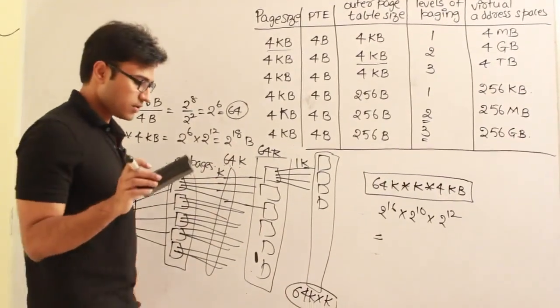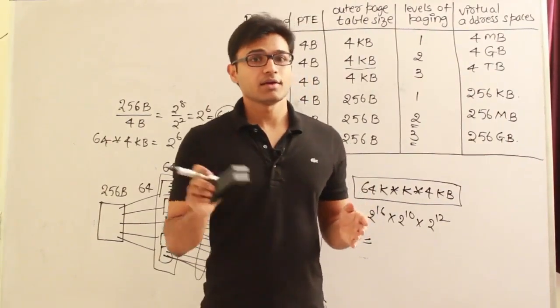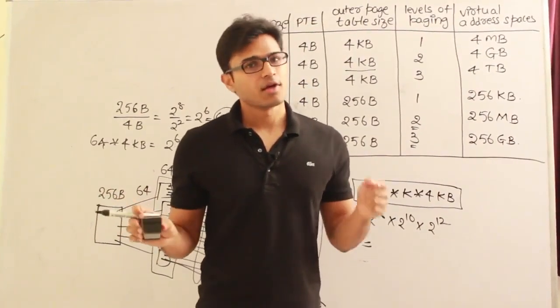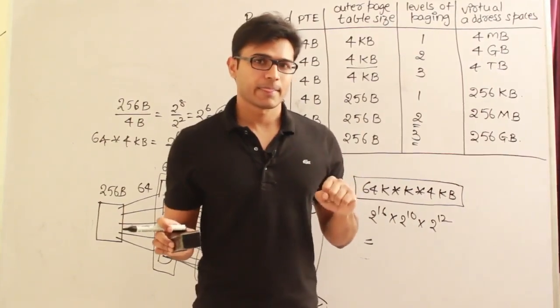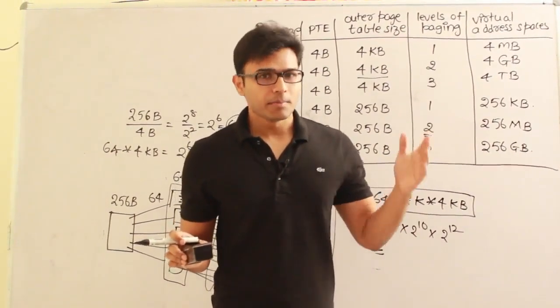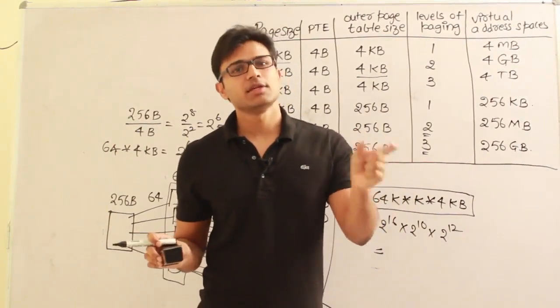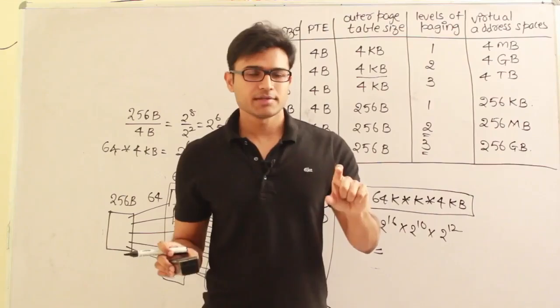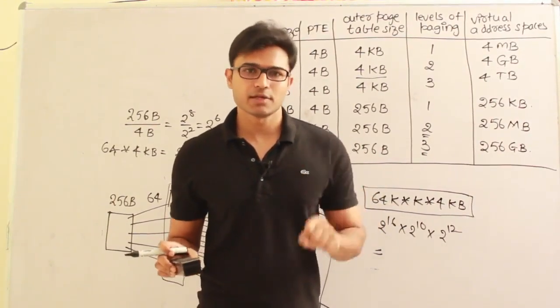The points that you should remember here: first, there has to be paging until the last level page table is going to fit in one page. That is the first important point. And the second thing is, generally the inner page tables will all be completely full except possibly the last page. The last page might not be completely full.